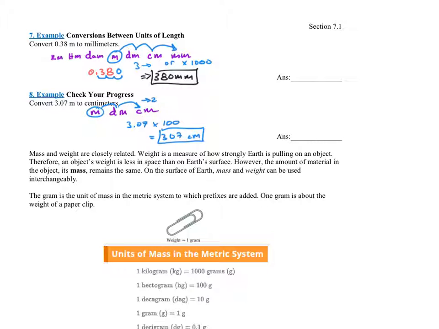What does the metric system use for weight? Well, the metric system uses something called grams. So again, I just taught you how long is a meter. Well, if I asked you how much your calculator weighs, I would say it weighs certainly less than a pound.